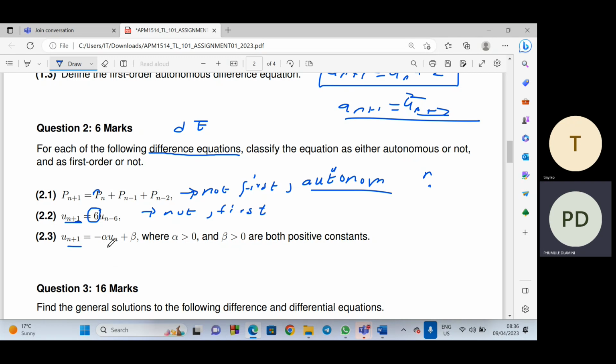And then the second one, n minus alpha. Alpha can be a number, any number, so alpha is the same as n. This equation is not autonomous. And in this equation, it has delta, beta, and alpha. The equation is first order, but it's not autonomous.